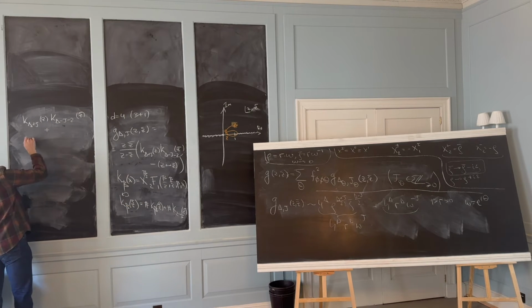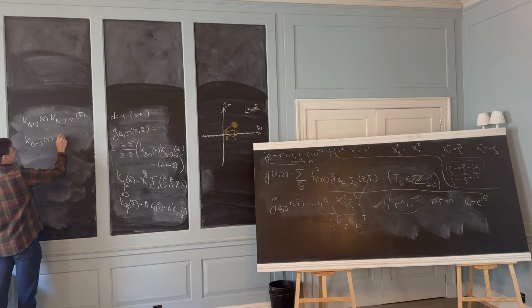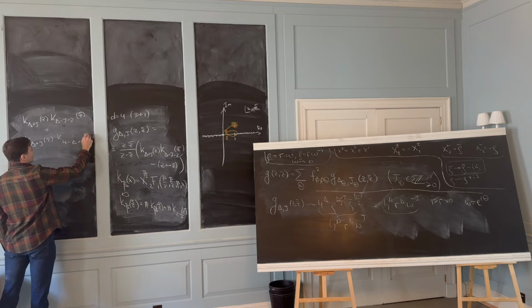So in addition to this, we'll now get k delta plus j of z, and then k 4 minus delta plus j of z bar.